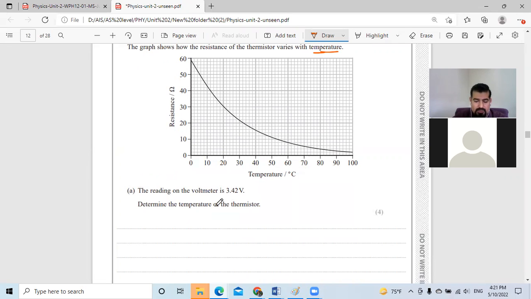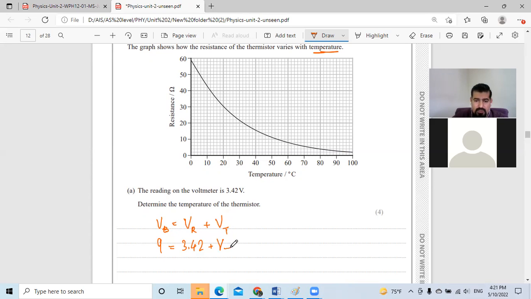what I'm going to do here is use the formula: V total equals V for the resistor plus V for the thermistor. So V total, or V from the battery, which is 9, equals 3.42 plus V of the thermistor.